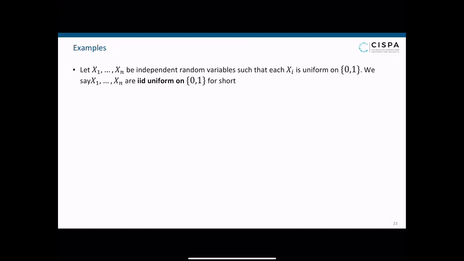That's just cryptography lingo. You're going to get used to this. And if they're independent, we say the x1 to xn are IID uniform on {0,1}, and we can write this in vector notation as {0,1}^n.